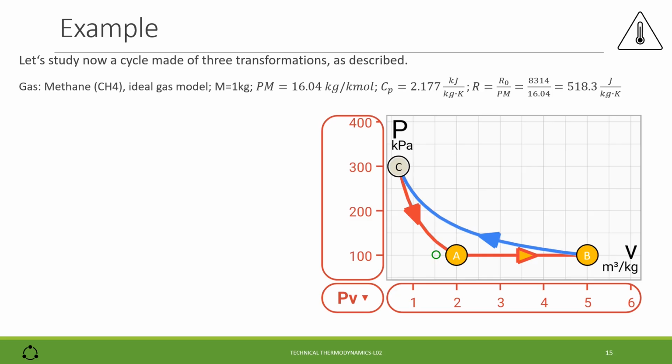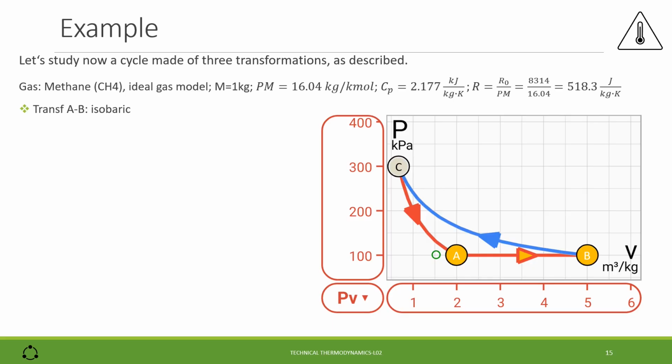The gas is methane, CH4, ideal gas model, 1 kilogram. The molecular weight is 16.04 kilogram per kilomole. Cp is 2.177 kilojoule per kilogram per Kelvin, and the gas constant R is R0 over molecular weight, that turns into 518.3 joule per kilogram per Kelvin.